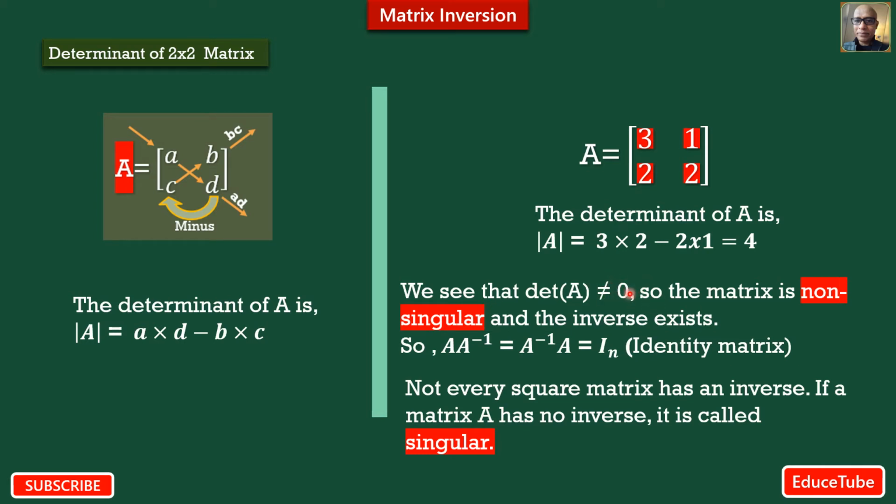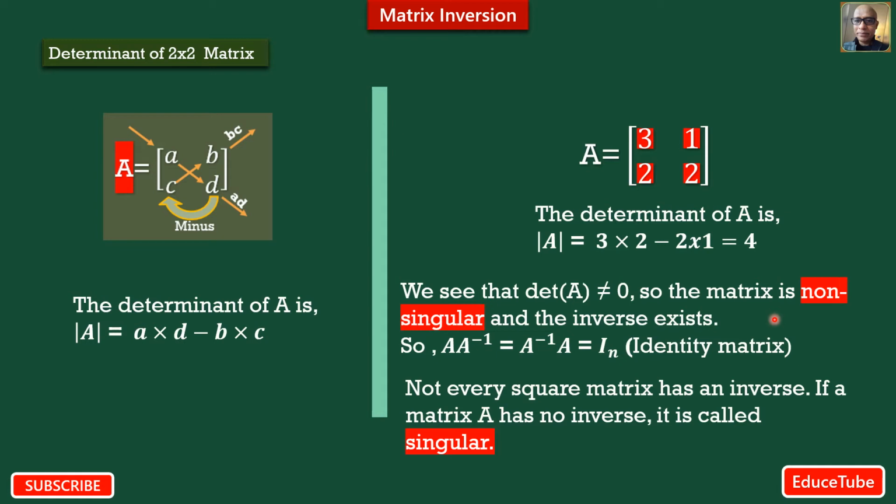It will never be 0. It is an important point. Here it is 4, so it is not equal to 0. So the matrix in this case we can call non-singular. And another important point, the inverse exists.